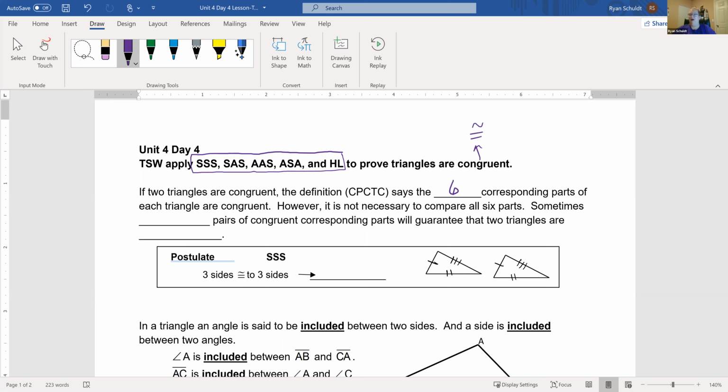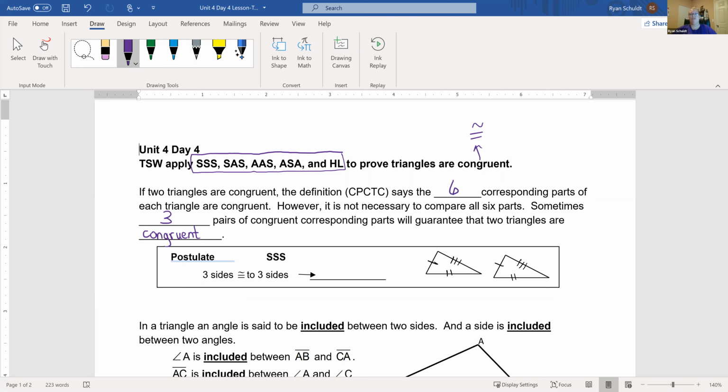However, it's not necessary to compare all 6 parts. Sometimes you only need 3 pairs of congruent parts, and that will guarantee that 2 triangles are congruent. I would much rather have to only show 3 congruent parts than all 6.